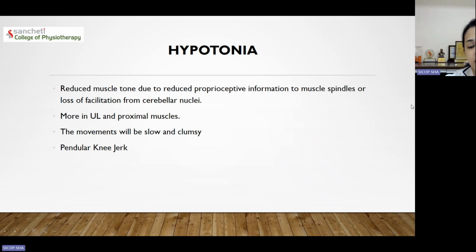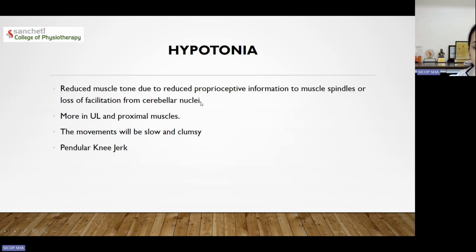Let's come to another clinical sign of our cerebellar ataxic patients, that is hypotonia. Normally, we have a normal tone in the body, but when the cerebellum is affected, we see reduced muscle tone. Why do we see this? Because there is reduced proprioceptive information to the muscle spindles, or there is loss of facilitation from the cerebellar nuclei.